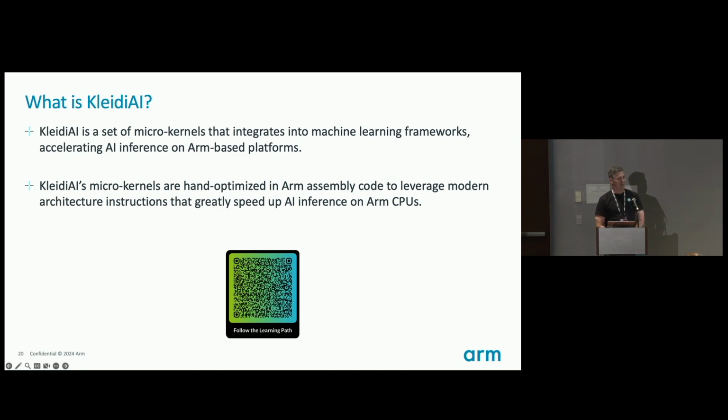Kleidi AI itself is a collection of microkernels. And in the AI space, a microkernel is a set of instructions to perform a specific task. So something like doing a matrix multiplication on 8-bit integers. These microkernels are handcrafted by ARM engineers in assembly code and then wrapped in a C interface.